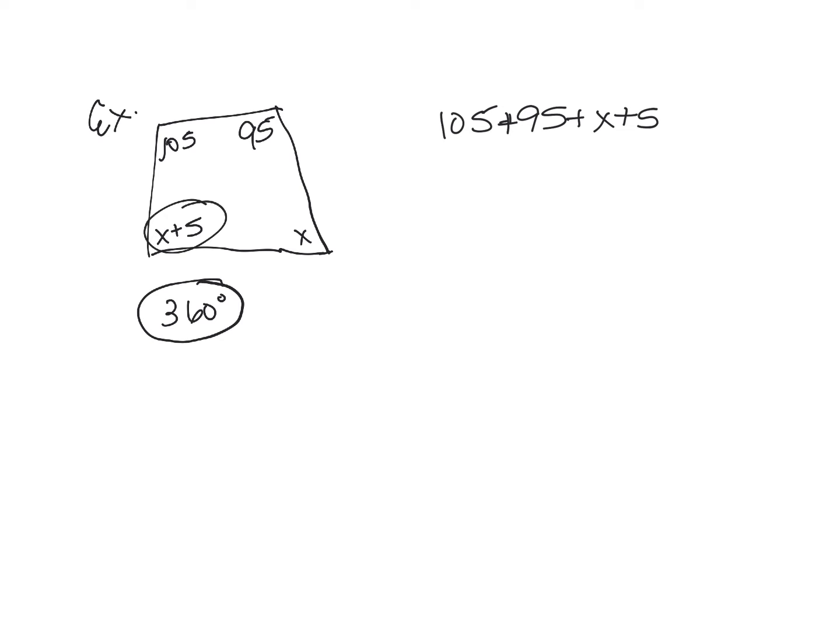X plus 5 plus x, and it's going to equal 360. And then, remember, you're going to combine like terms. So I have 105, 95, and 5, and I'm going to add that all together, and we get 205. And then I have x and x, so remember that becomes positive 2x and equals 360.